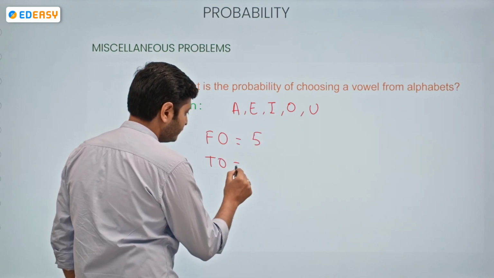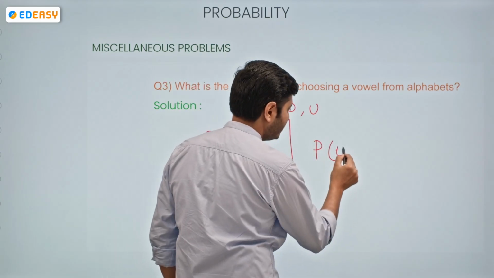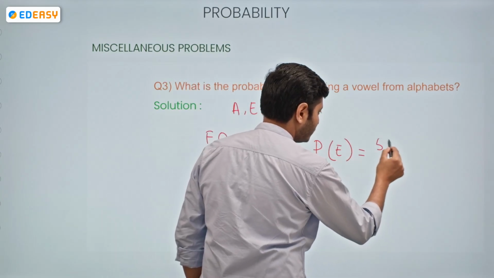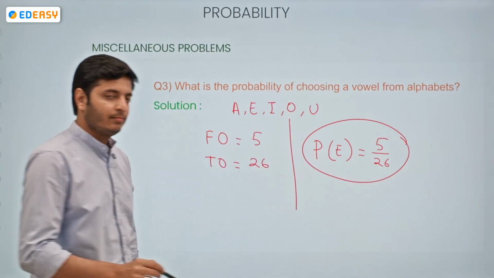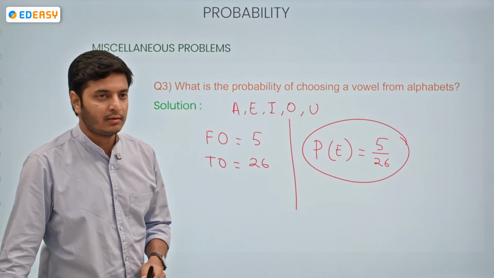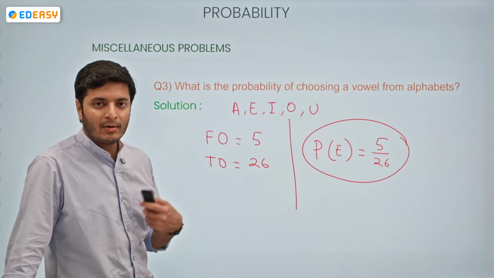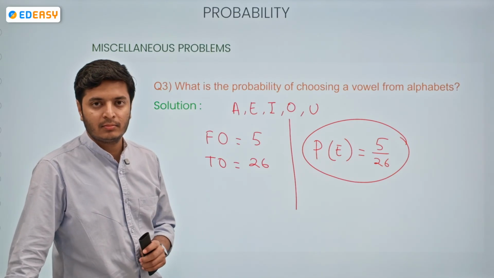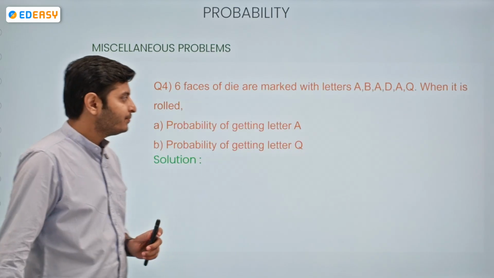Total outcomes 26. Probability of this event to happen is 5 by 26. Favorable divided by total. There is no common factor. So this is the final answer, 5 by 26. Correct? So we are only applying the basic logics here. If you can apply the basic logics, then you can easily find the answer.